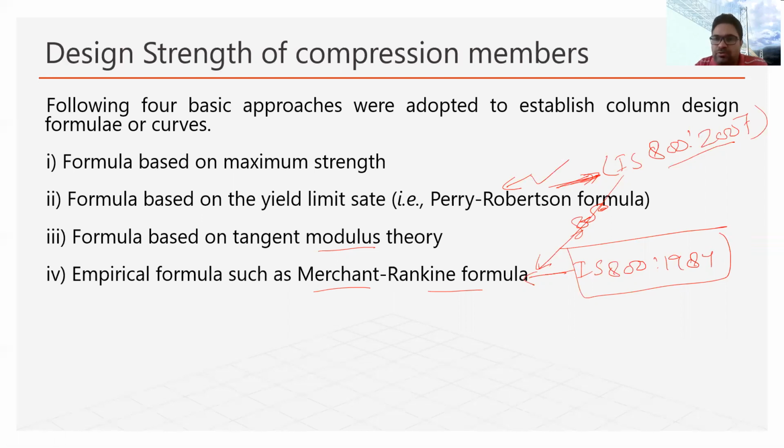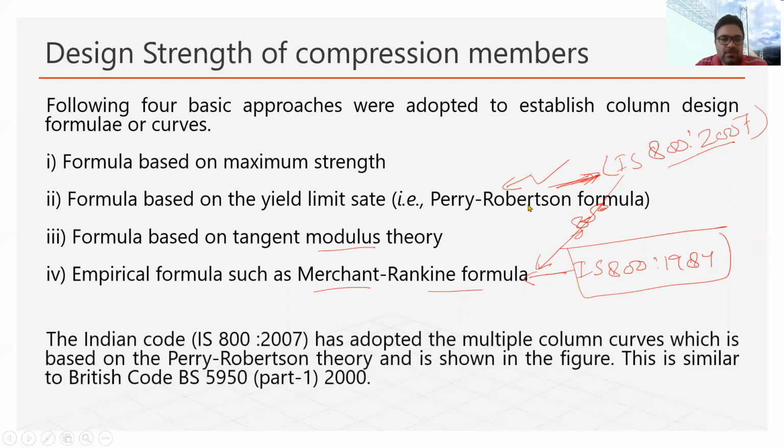We don't need to discuss much about this theory, because I am just introducing which theoretical approach we are using in our formula. As mentioned here, the Indian Standard 800 2007 has adopted the multiple column curve that we have seen in the previous diagram, which is based on the Perry-Robertson theory.